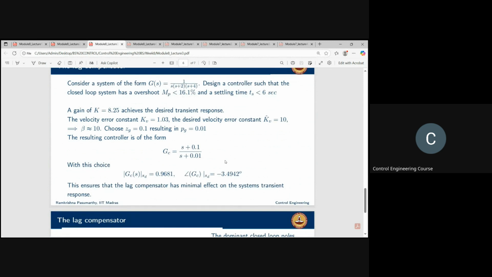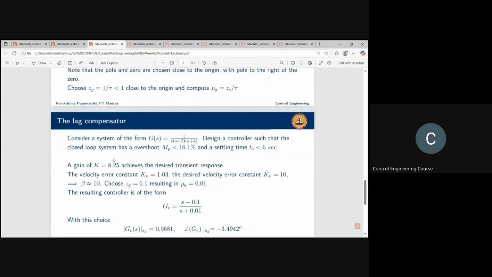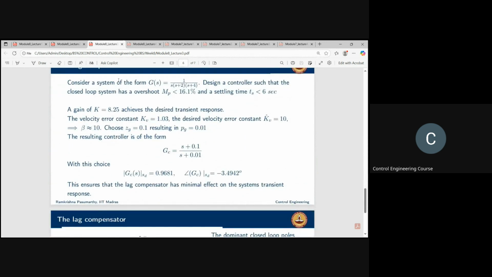So you get beta equal to 10, and then choosing tau, you want ZG to be very close to the origin. What are they given here? They're choosing ZG as 0.1. 0.1 is much, much closer to the origin than 4 and 2, by orders of magnitude, right?